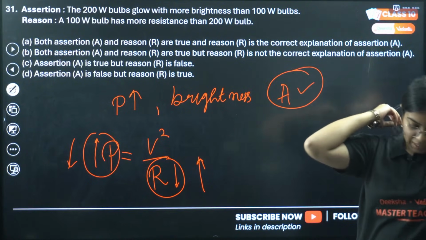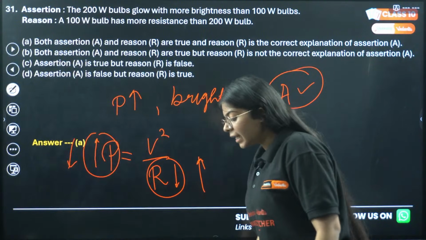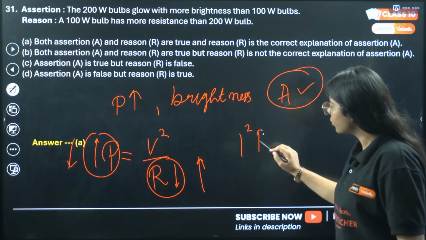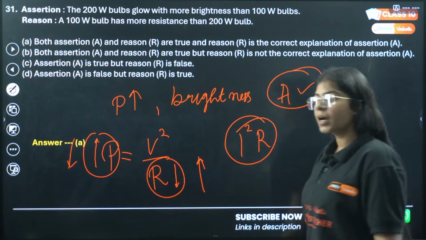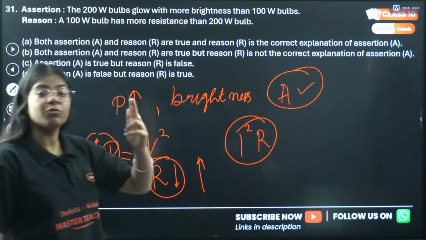Okay, actually the answer is A. Why? Because technically, if we say, ma'am, there are two formulas of power, I square R is also there. We are using that, correct? Yes, but there is one technicality, one concept you forgot.